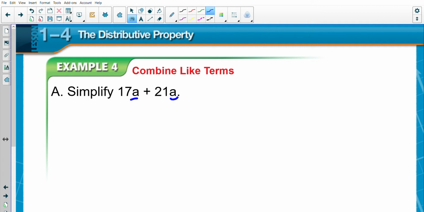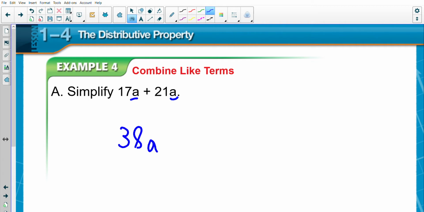So if I can combine them, what do I do to combine them? Add the coefficients. In this case, what are my coefficients? 17 and 21, right? If we add 17 and 21, we get 38.